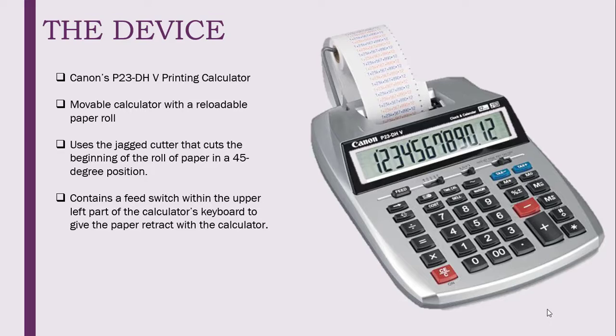The one that we have in the office right now is a Canon P23DH printing calculator. From what you can see here, it's really simple. You can see the keyboard, just a couple of numbers with addition, subtraction, whatever you would need to use, with the equal sign, and obviously there's a feed button that retracts the printing tape.